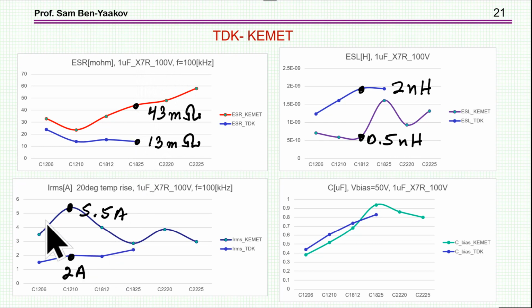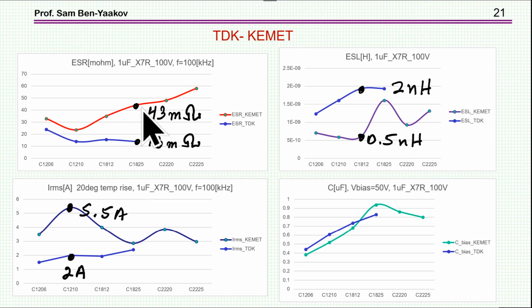And then, if I look at the RMS, obviously I see a difference, but lo and behold, it's reversed. That is, the TDK quote a current which is much lower than the Kemet, while the Kemet ESR is larger. So you would expect something reversed.